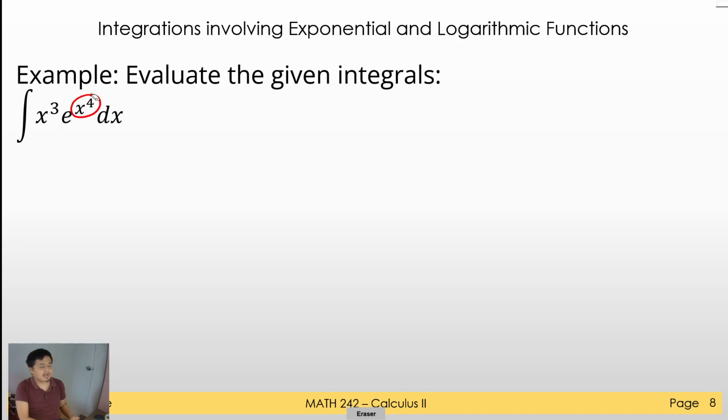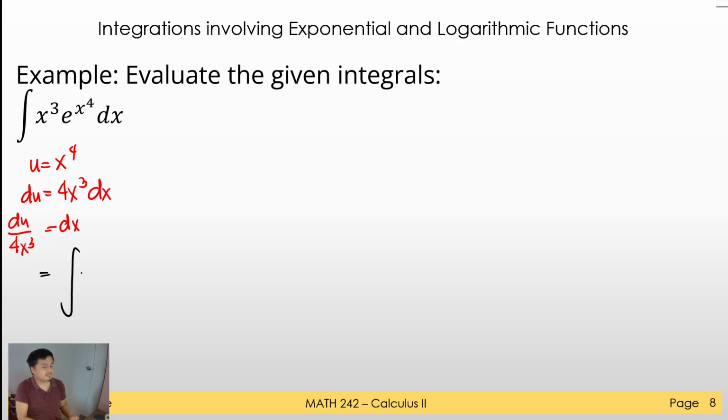The derivative of x raised to the 4 is 4x cubed, so we can probably cancel this. So we can utilize u substitution. We let u equal x raised to the 4th power, find the derivative, and then find dx. So dx is equal to du over 4x cubed.